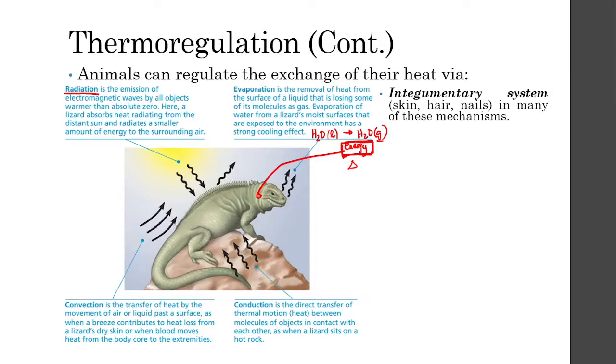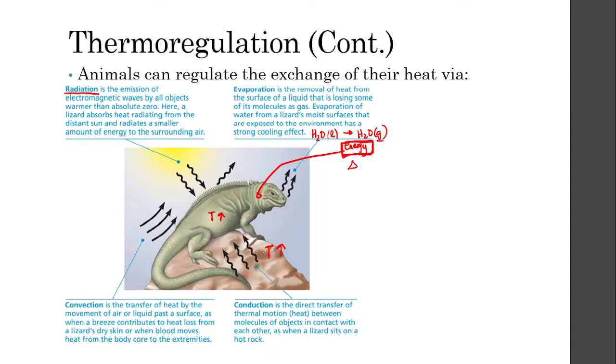Okay, the fourth one, or the last one, is via conduction. Conduction is basically the transfer of heat via physical contact. As you can see here, this iguana wants to receive heat by sitting on a rock that is much hotter. The transfer of heat usually goes from a higher temperature to a lower temperature.